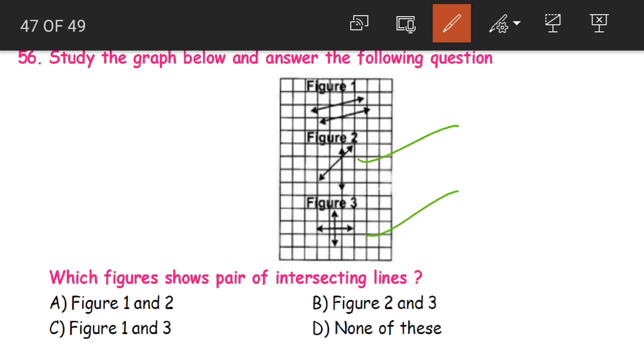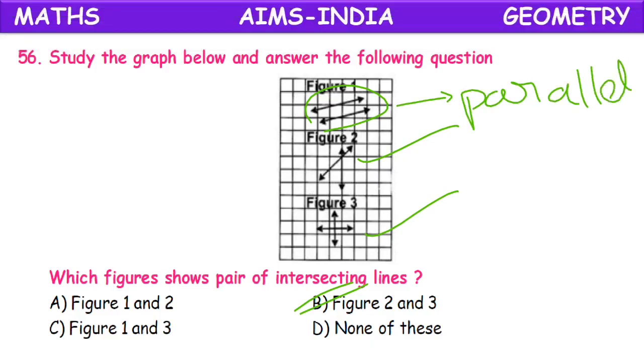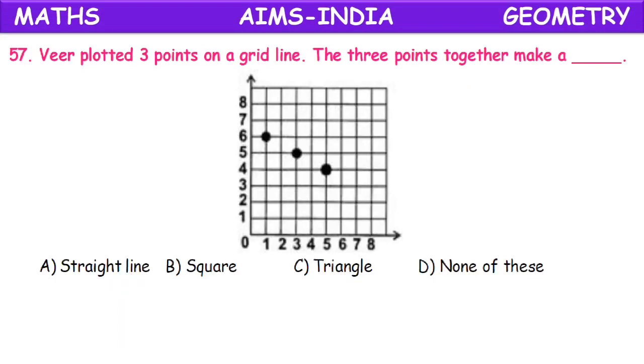So figure 2 and figure 3 become our intersecting lines, that is option B. And what are the lines in figure 1 called? They are called parallel lines. P-A-R-A-L-L-E-L, parallel lines.